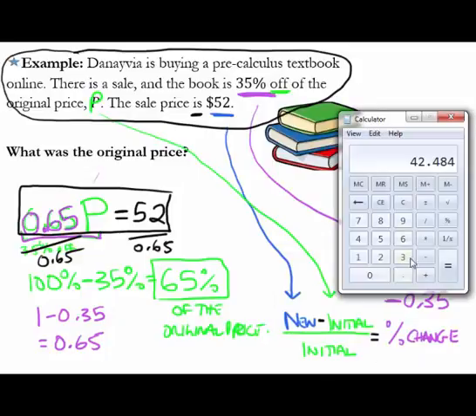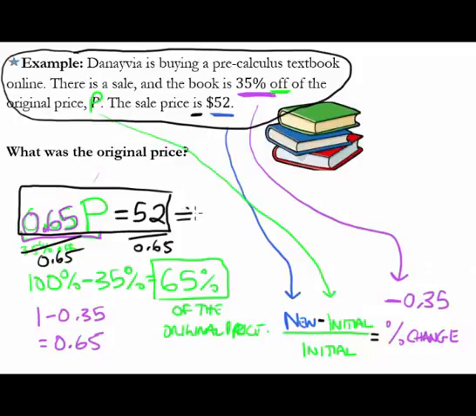So let's take a look. I can clear this, and I can go 52 divided by 0.65. Press enter. $80. So this means that the original price P is $80, okay?